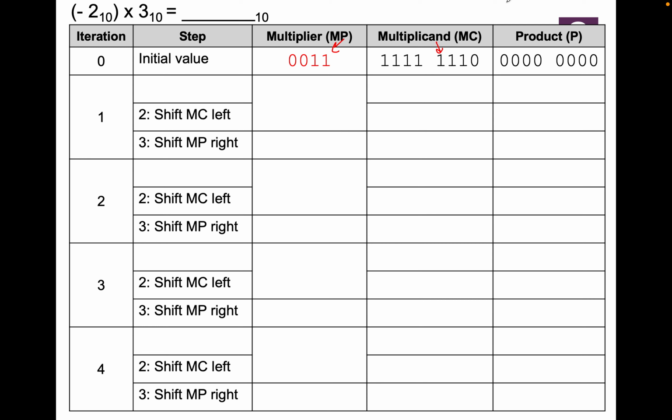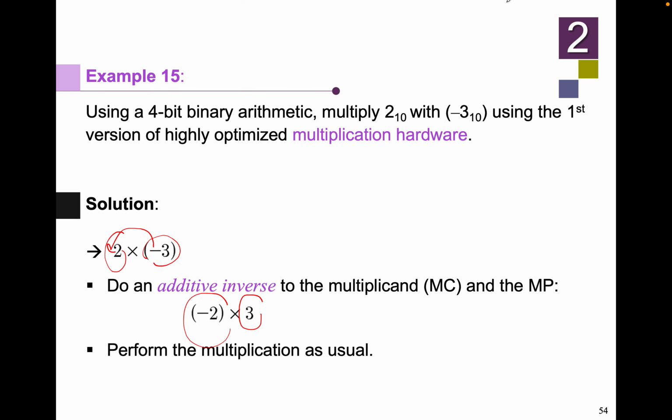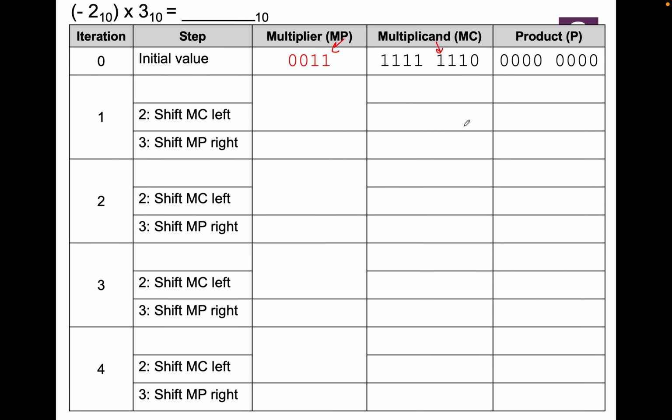And because you can see our multiplicand MC is 3, and before this is a minus 3, by using the first version's hardware, because it is a negative number before this, that's why you will get, okay, this one is our MC, this one is our MP.